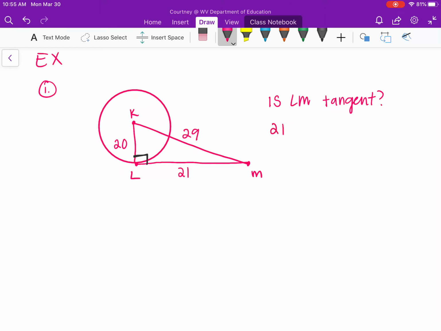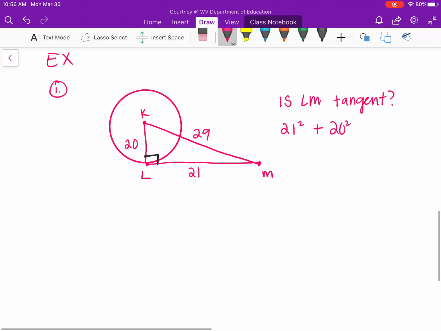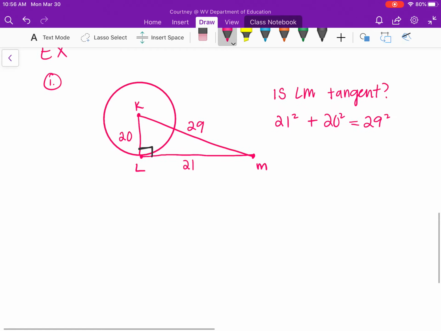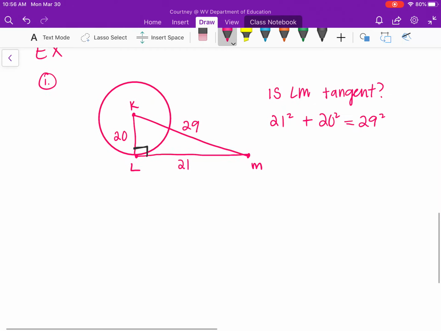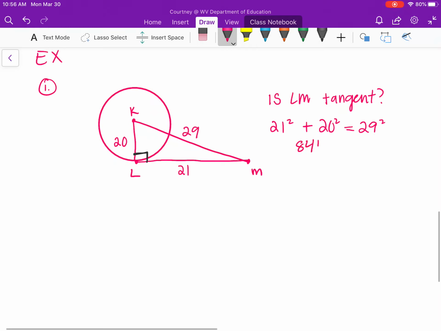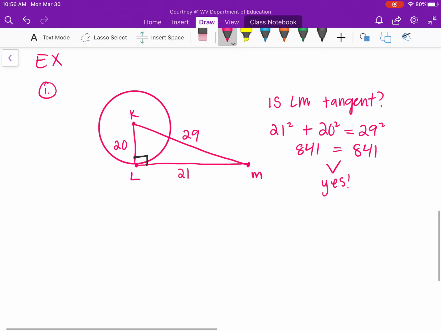Because remember, the Pythagorean only works for right triangles. So let's say 21 squared plus 20 squared equals 29 squared. And let's figure it out. 21 squared plus 20 squared is 841, and 29 squared is 841. So it does work. Check mark and yes.